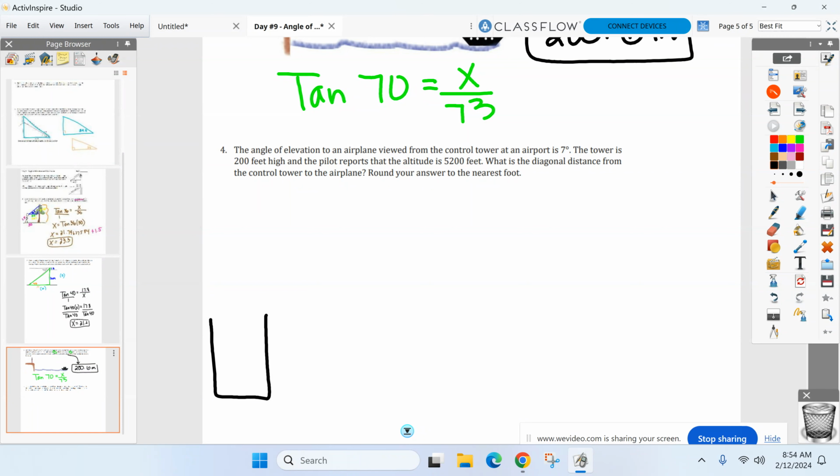All right, draw your airplane. Can you make that angle 7 degrees of elevation?